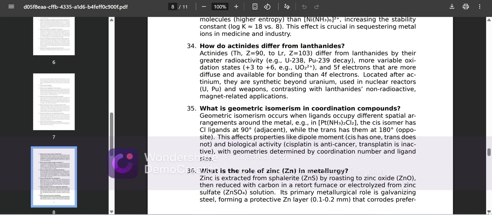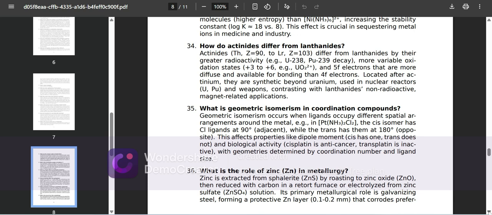What is geometric isomerism in coordination compounds? Geometric isomerism occurs when ligands can be in different spatial arrangements around the metal. Example: in Pt(NH3)2Cl2, the cis isomer has Cl ligands at 90 degrees, adjacent, while the trans has them at 180 degrees, opposite. This affects properties like dipole moments.